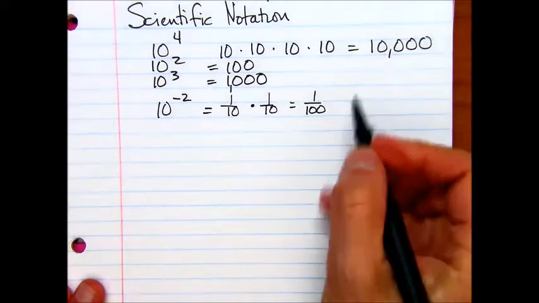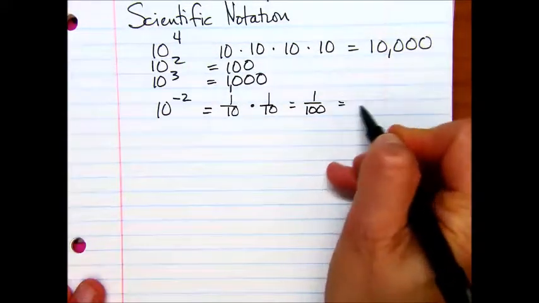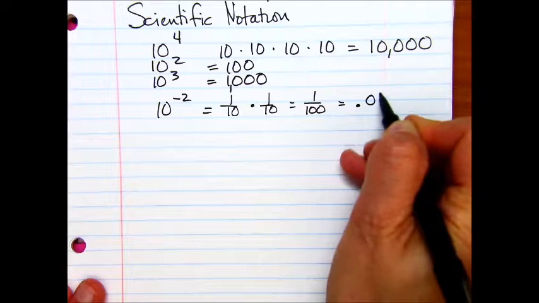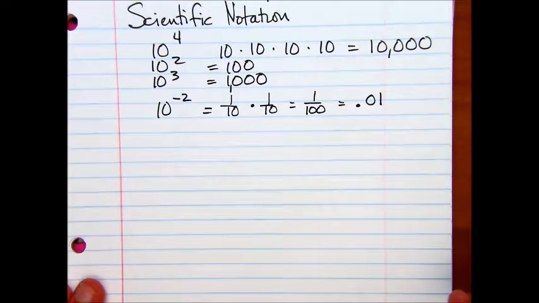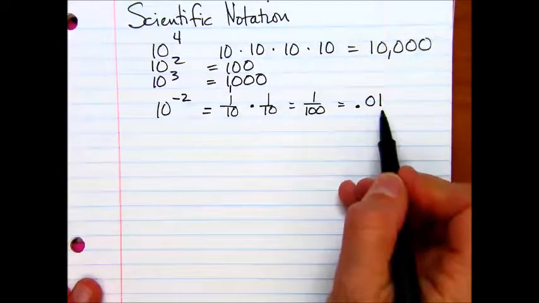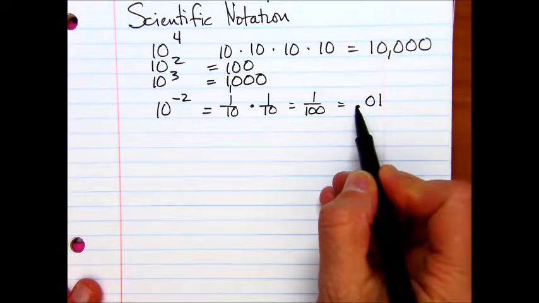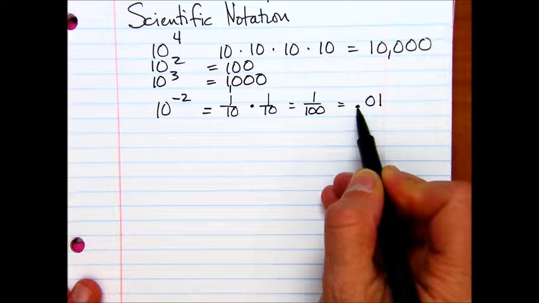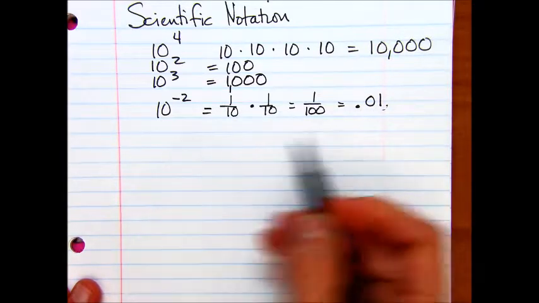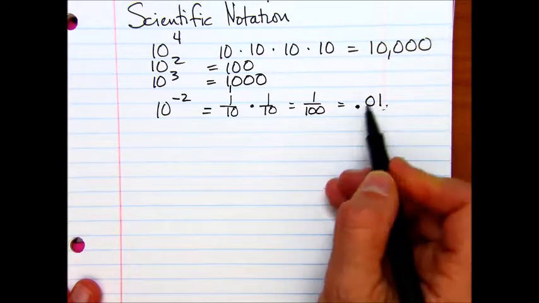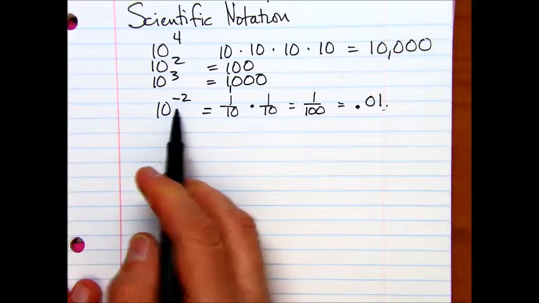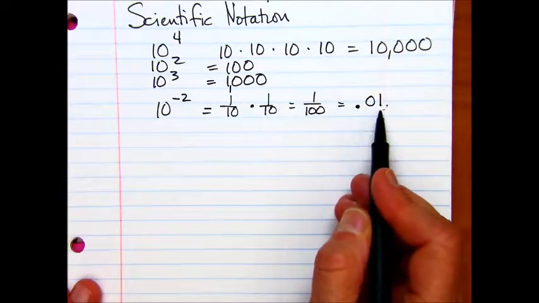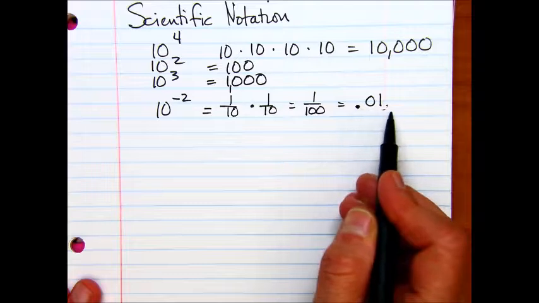And if we were to write this as a decimal, that would be 0.01. So notice we don't have 2 zeros in this case. We do have 2 decimal places, though, if that helps. So we go 1, 2. But we're going to keep the decimal there. So 10 to the negative second power is 1/100th, or 0.01.